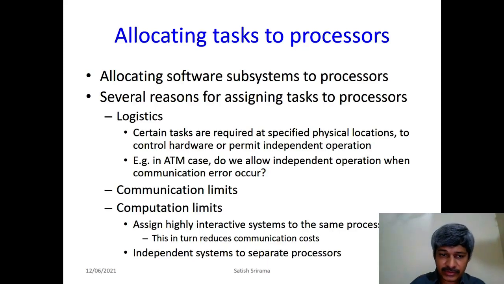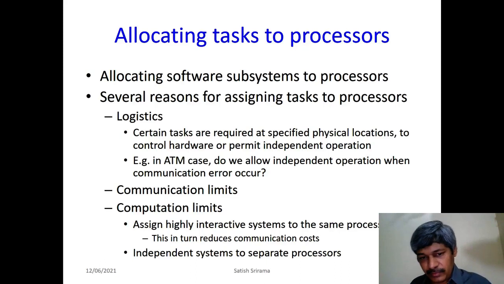Alternatively, you will not allow full functionality, but you will allow a limited amount of functionality. For example, when there is a communication error, the user can still do certain things, such as change his PIN number on the ATM card. You will not allow him all the transactions, but certain transactions you may allow.